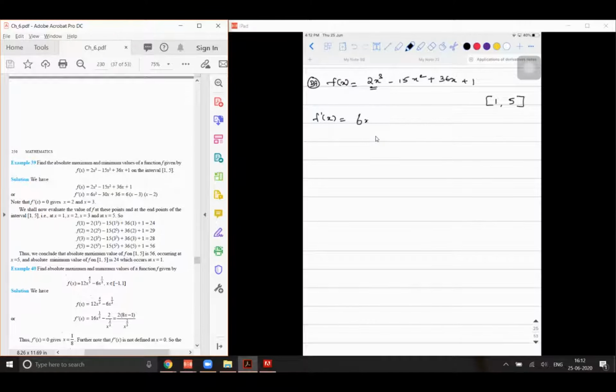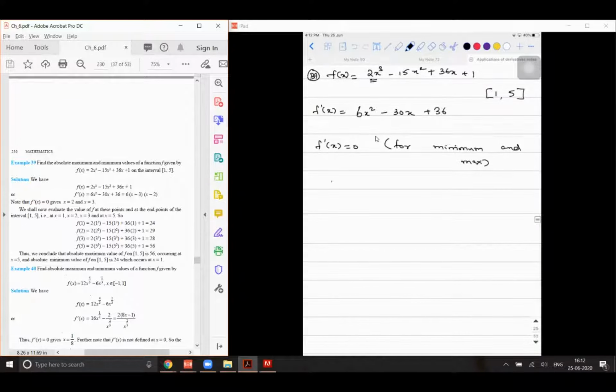Then you will have 6x square minus 30x plus 36. So if I equate f dash of x to be equal to 0, for both minimum and maximum, then 6 into x square minus 5x plus 6 is equal to 0. So you get x minus 3 into x minus 2 equal to 0. So x is equal to 2 or 3.